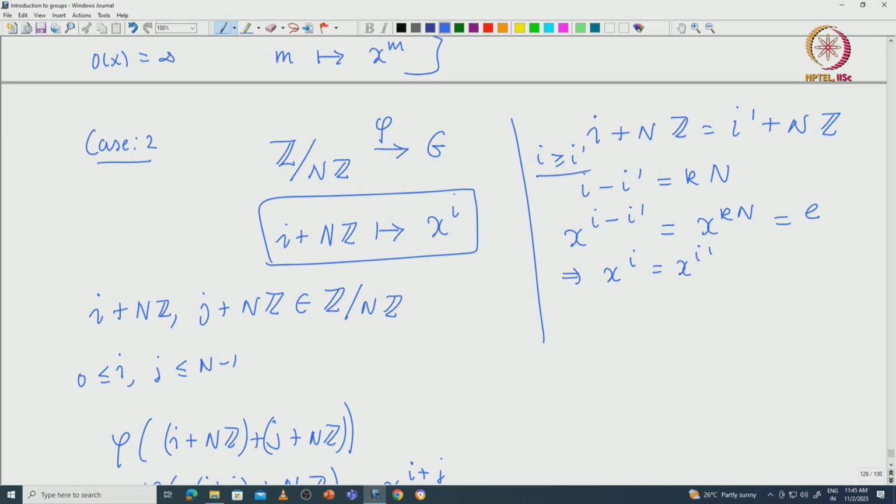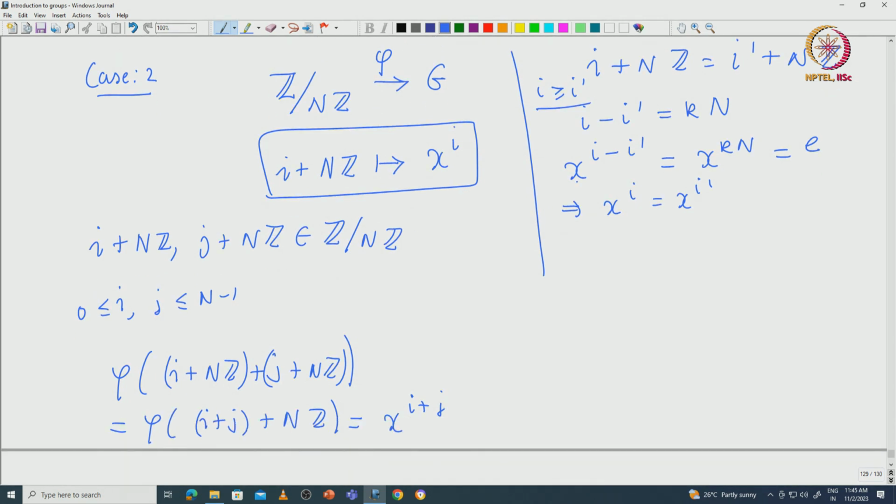This simple calculation says that the map you have defined from Z mod nZ to G, sending I plus nZ to X power I, is a well defined map. Now it is bijective, because once you have verified it is well defined, it is easy to see both have the same cardinality and phi is onto, so it is actually a bijection.